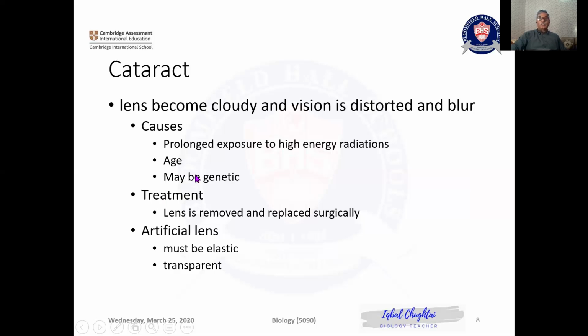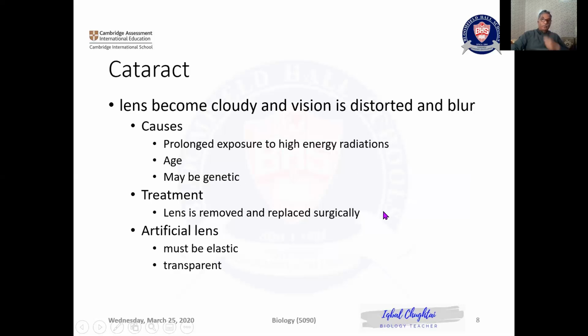It has also been observed that age is one of the factors, in most of the people above the age of 40. They are likely to suffer from this cataract disease. In some cases, it has also been observed that it might be genetic, because certain babies have been found born with cataract, and cataract has been found emerging in babies 6 months or 1 year old. So biologists are working on whether it is a genetic factor or not.